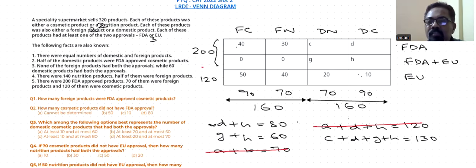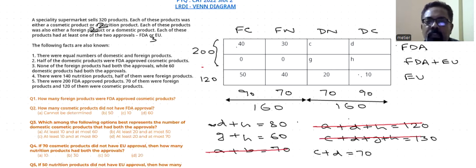So C plus J is coming 50. So it is not at all helpful. But we can say now that C plus D will be 70. So we can now strike this out also.